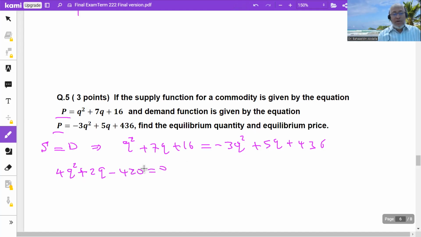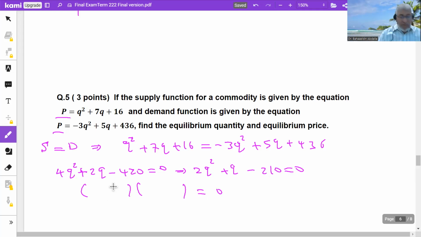You can use the calculator to solve this equation. Or if I divide by 2, I'll have 2Q squared plus Q minus 210 equals 0. Then I can try to factor it, or you can just use the calculator.